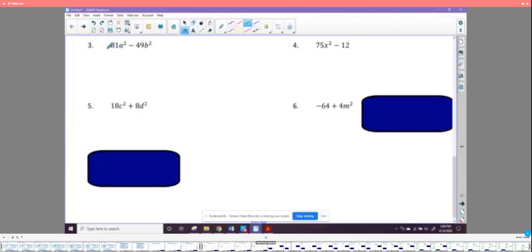So the square root of 81 is 9, square root of a squared is a, plus square root of 49 is 7, square root of b squared is b. Then we rewrite the same thing, but subtraction. So 9a minus 7b.